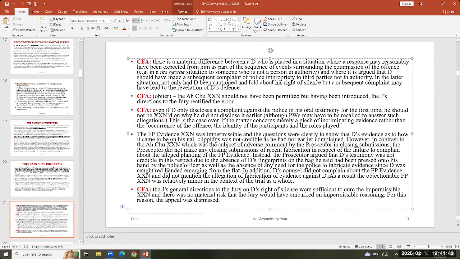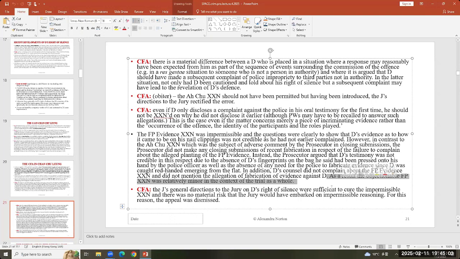So they say, as a result, the objectionable cross-examination was relatively minor in the context of the trial as a whole. So in other words, their view was, yes, this cross-examination shouldn't have happened, but we don't think that it had a significant impact on the jury's decision, right?